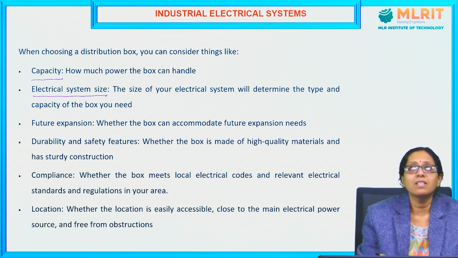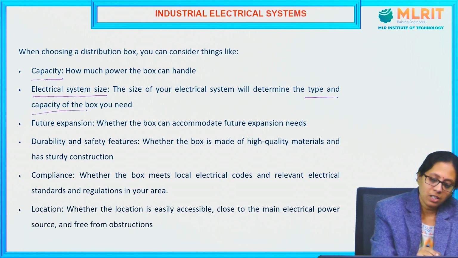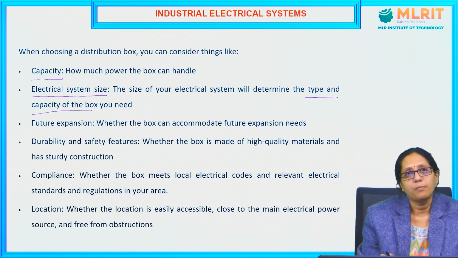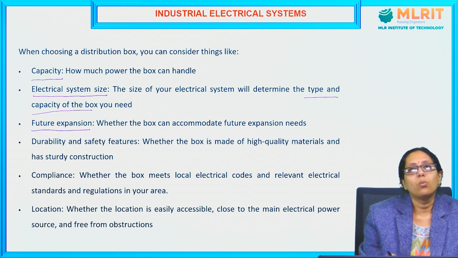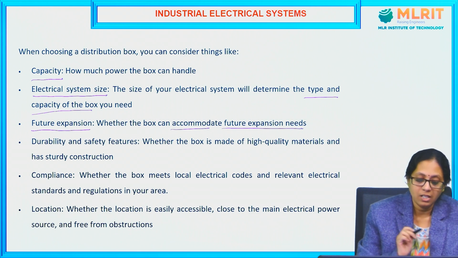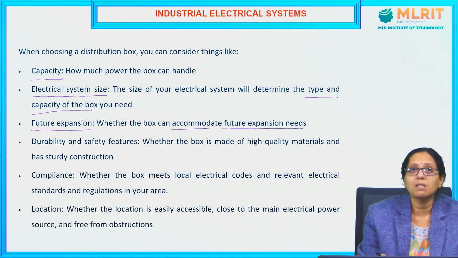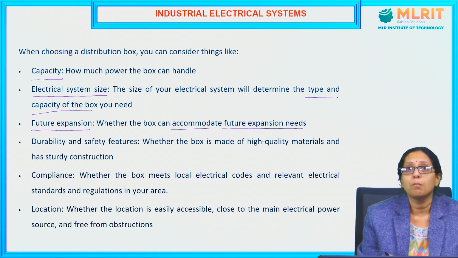The size of your electrical system will determine the type and capacity of the box you need. Third one is future expansion, whether the box can accommodate any future expansion needs. So, based on the future expansion needs, we need to decide the distribution box.